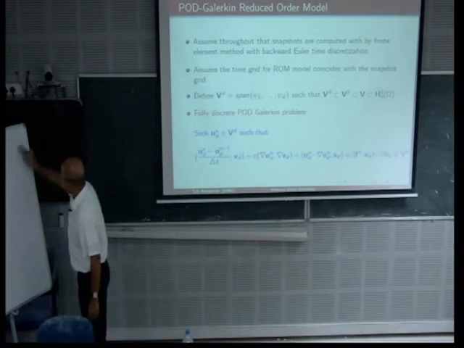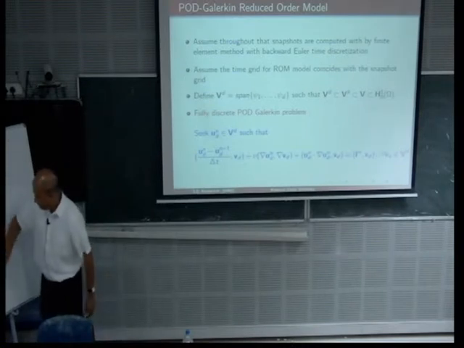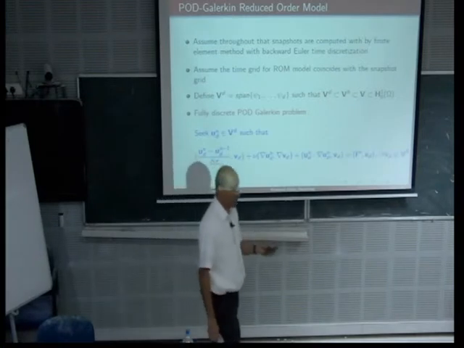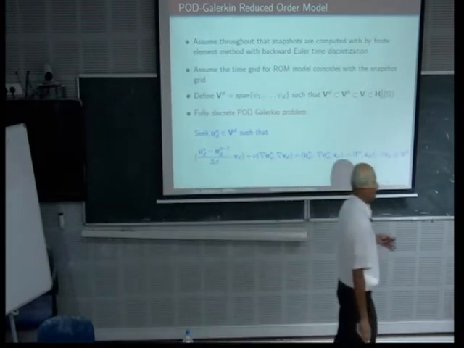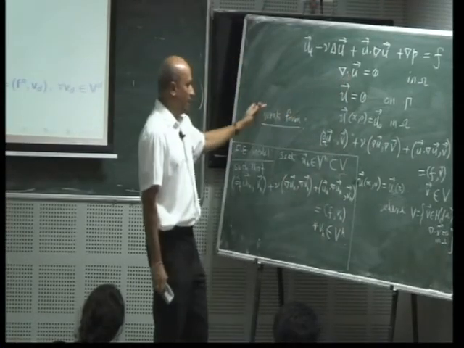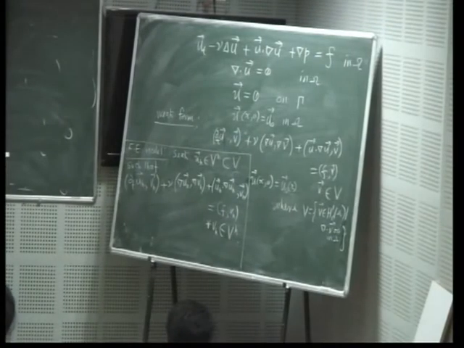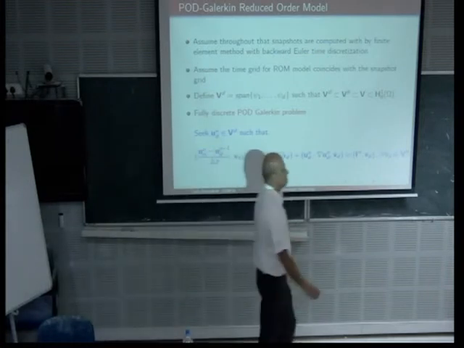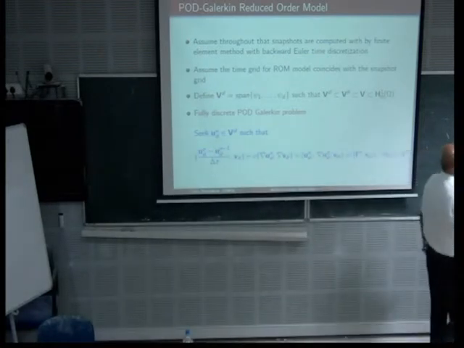Since a reduced order model requires snapshots, you have to work with this problem. You have to simulate this first. That is an approximation of this, and then you construct a reduced order model. So when you speak of error, you have several errors, actually two errors.